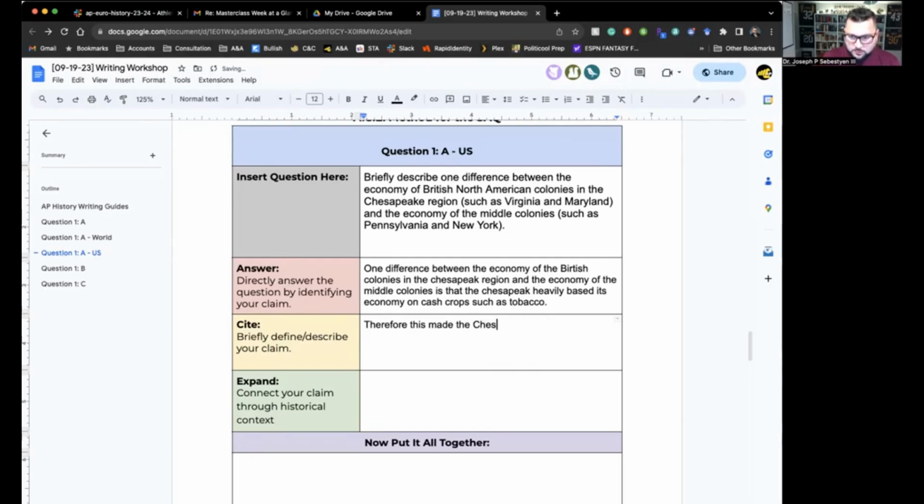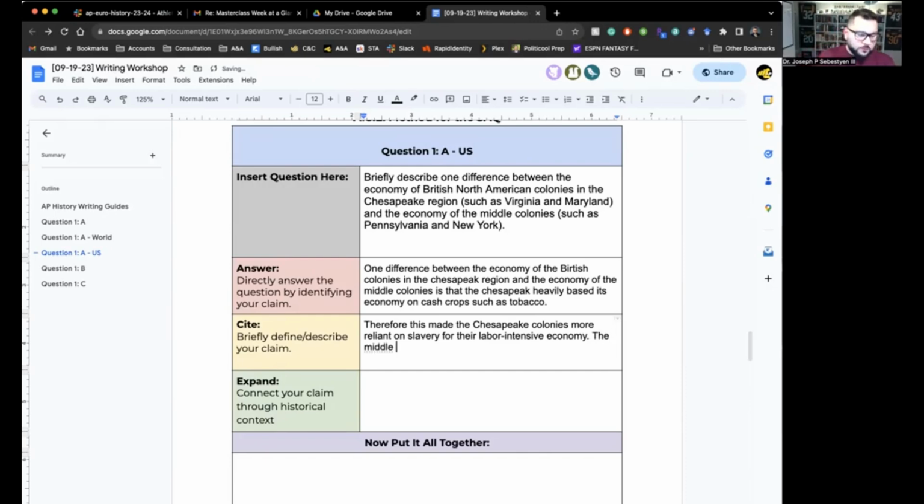Chesapeake colonies, more reliant on slavery for their labor intensive economy.